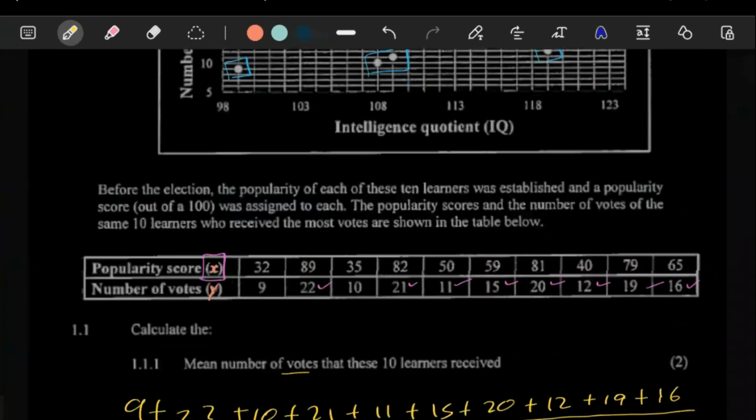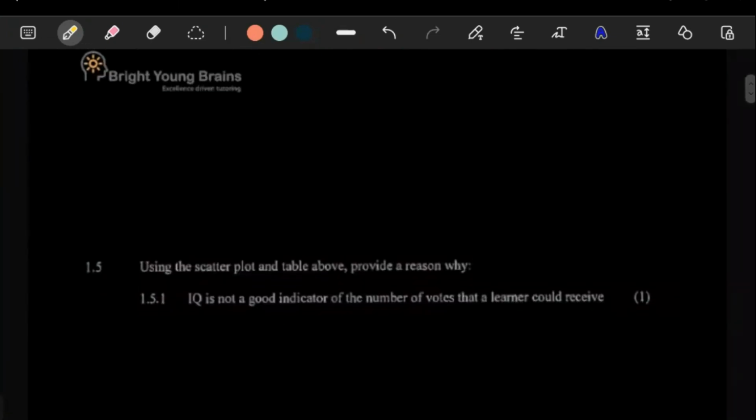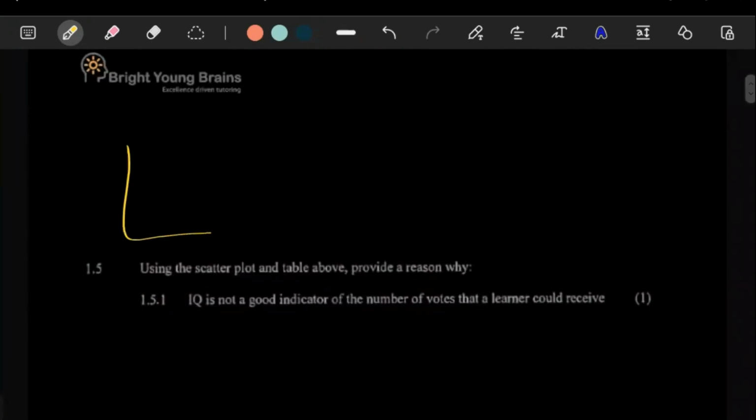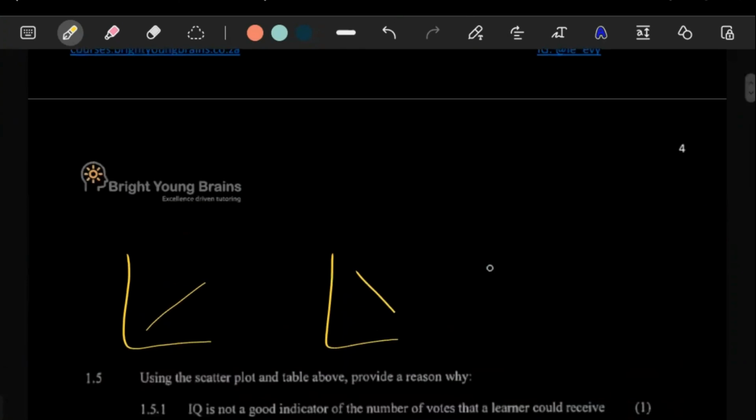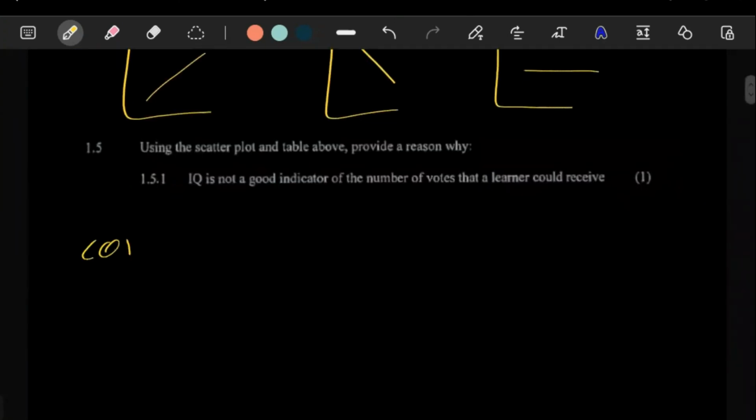Remember, depending on the line of best fit, if it's going to look like this, it means your correlation coefficient is a bit high. If it's going to look like this, it's also high, but a negative correlation coefficient.